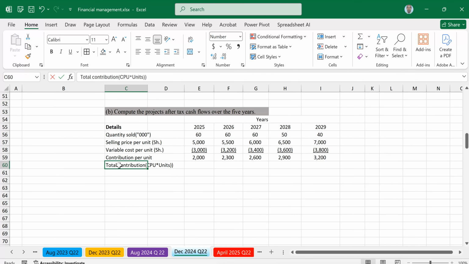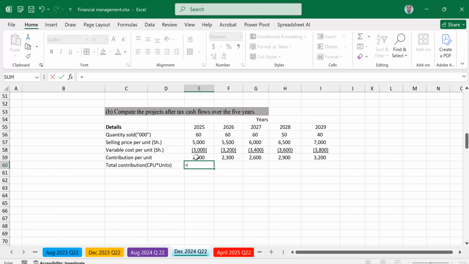Contribution per unit, multiply times the units: equal sign 2,000 times 60 to get 120,000, drag across.